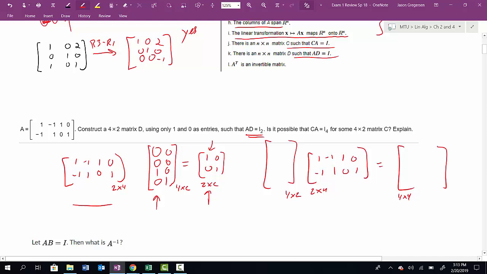I'm trying to generate a 1 in this position. So this is what I want my matrix to look like. If I take this times this, I need to get a 1 here. So I guess I'll put a 1 there and a 0 there. And then the rest of the way, now I've got to get a 0 here.